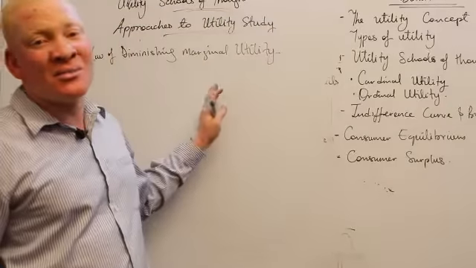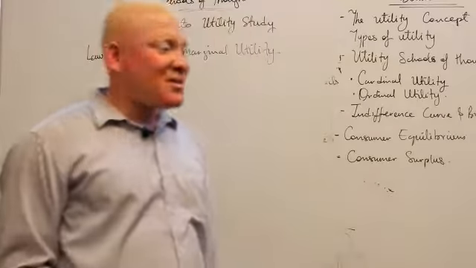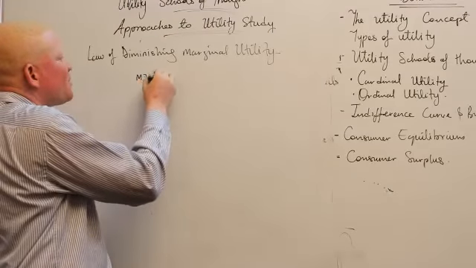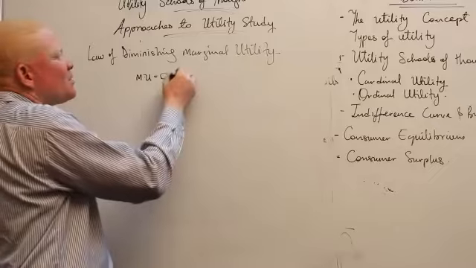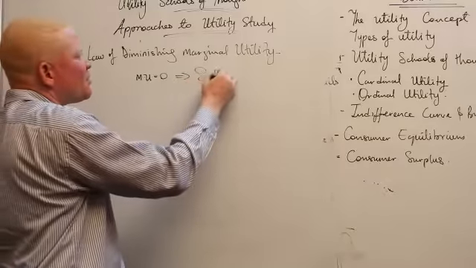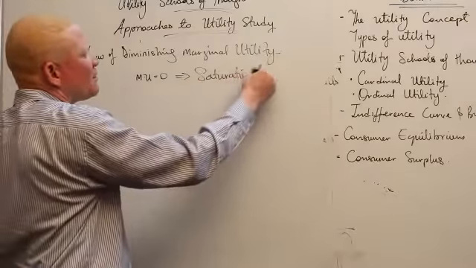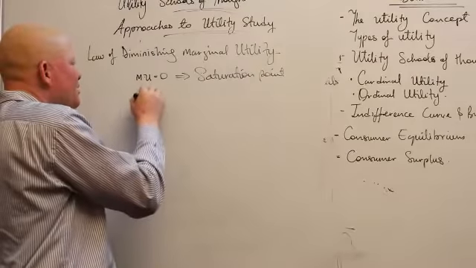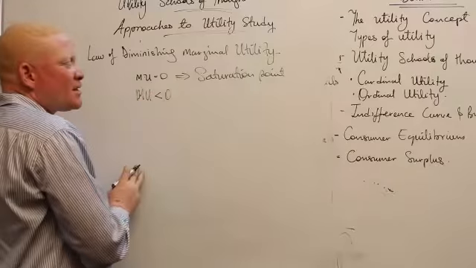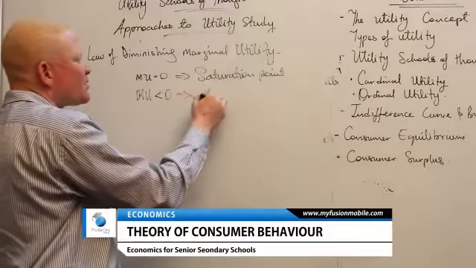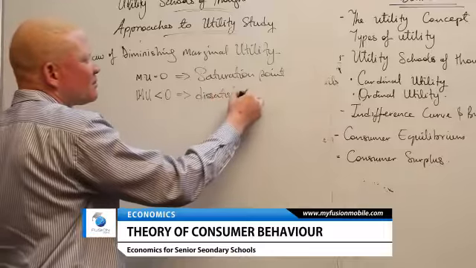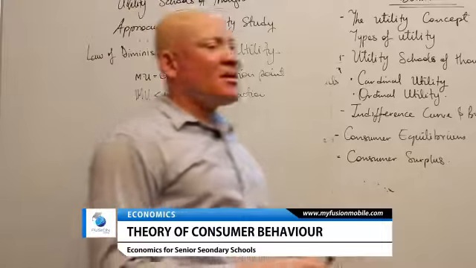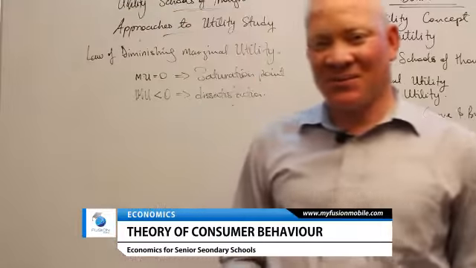That means the higher the consumption, the lower the marginal utility. And when marginal utility equals 0, this implies what we call the saturation point of the consumer. But when marginal utility becomes less than 0, that is negative, it implies dissatisfaction, meaning that it is no longer of relevance to the consumer.